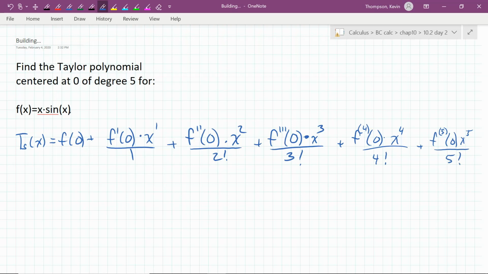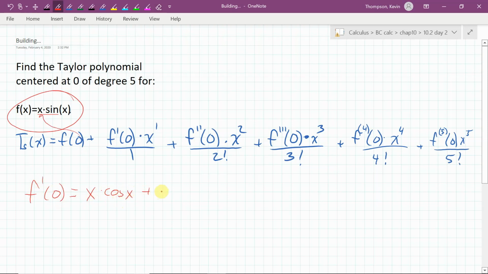How do you find the derivative of x times sine of x? It's product rule. So in this step, f of 0, that's actually pretty easy because that's 0 times the sine of 0. But it's this derivative. So I'm going to have the first times the derivative of the second, derivative of sine is cosine, plus the second times the derivative of the first.